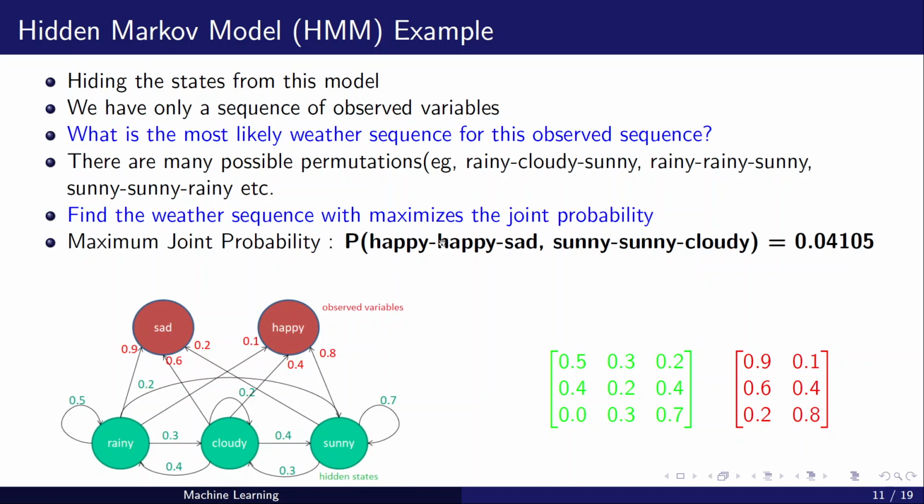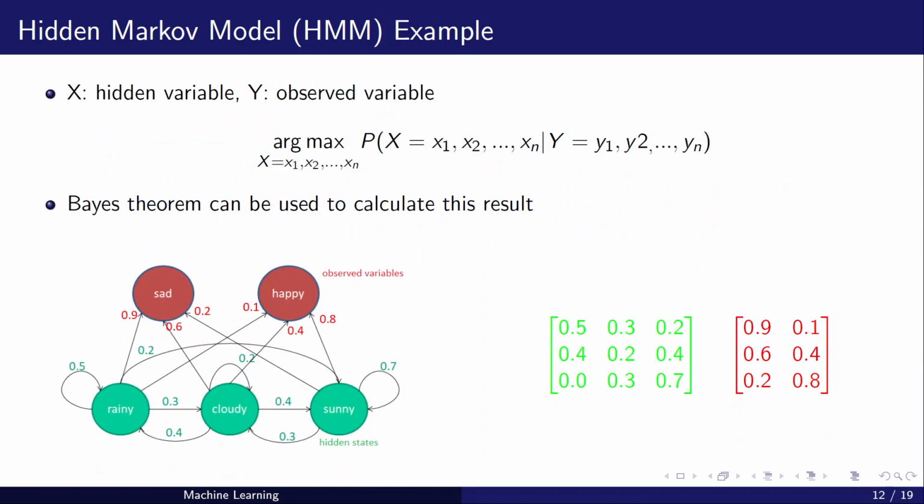So given the observable sequence, what will be the weather sequence, that is what we are trying to identify here. Writing it in mathematical form, we can say it as argmax over x equal to x1, x2, etc. xn, you find the x such that p of x given y is maximum.